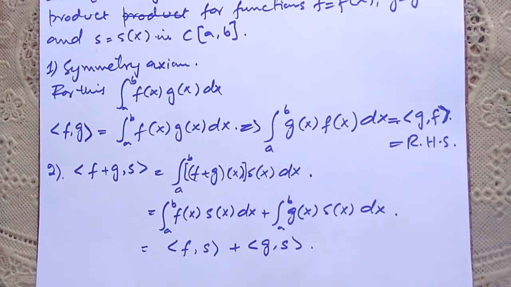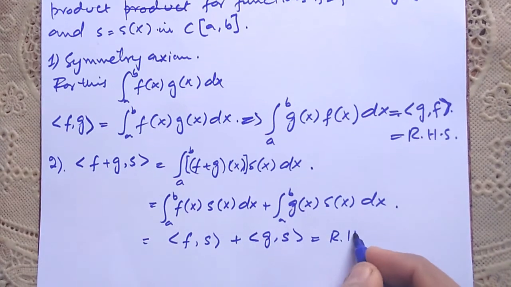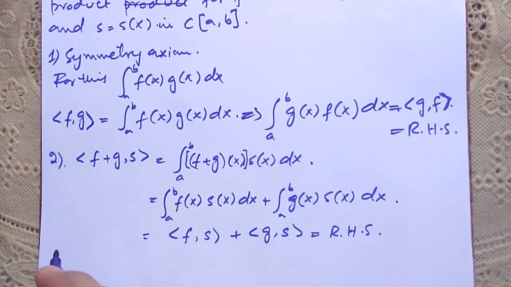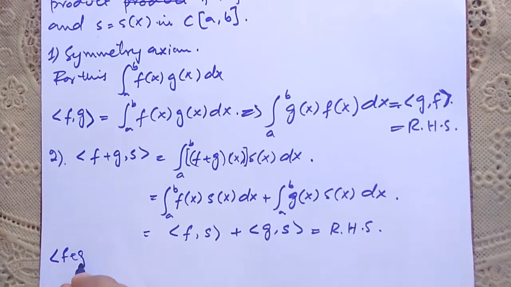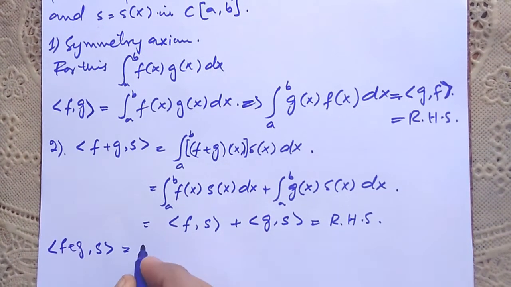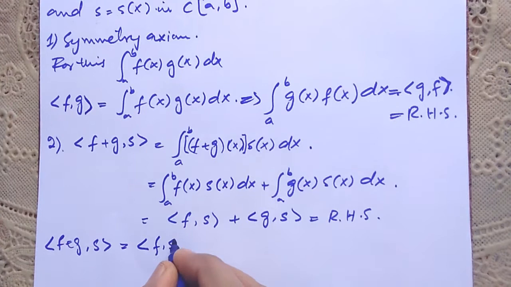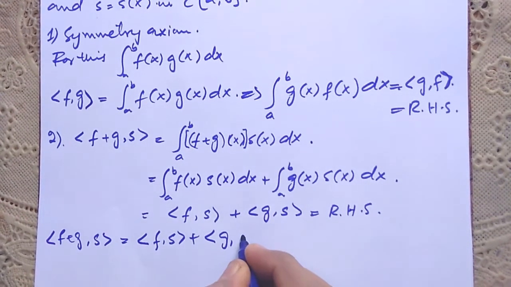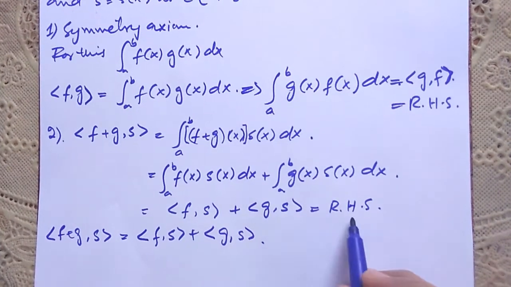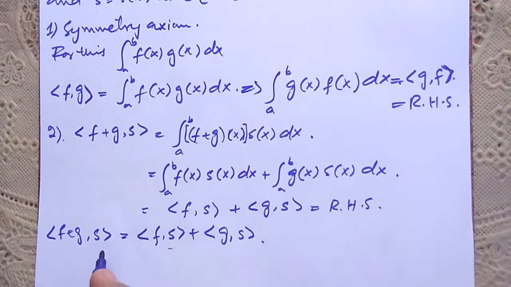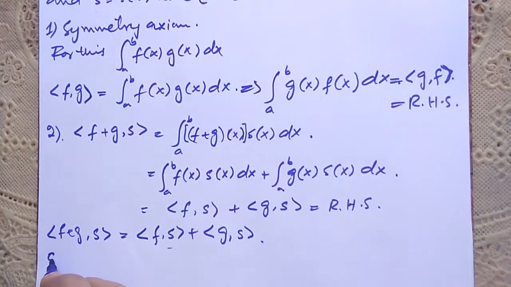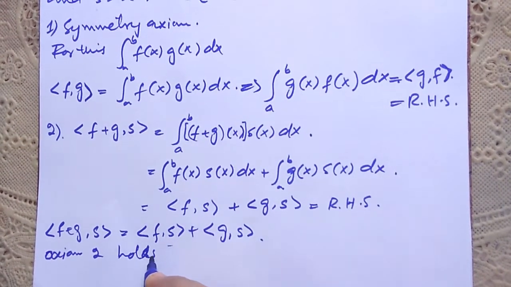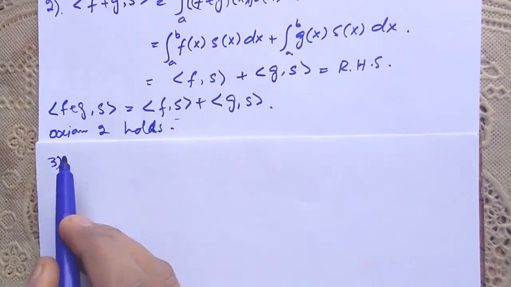According to the additivity axiom, the product of f plus g and s must be equal to the product of f with s plus the product of g and s, right? So it is equal to this right hand side. So the second axiom holds. Now the third axiom is the homogeneity axiom.